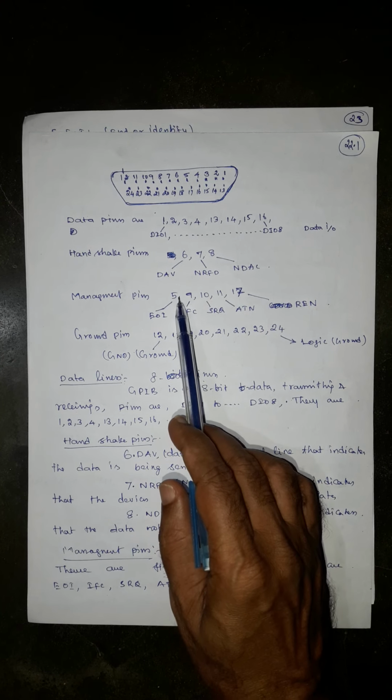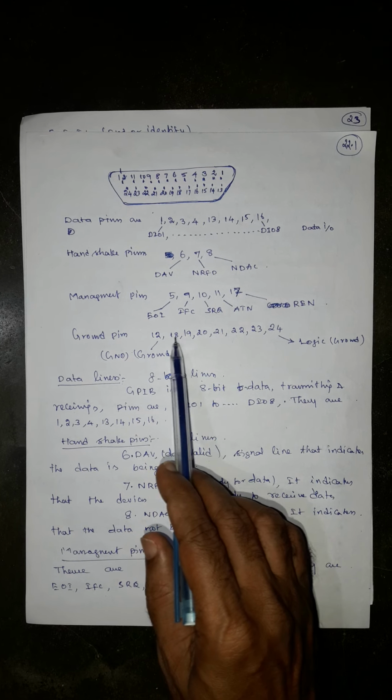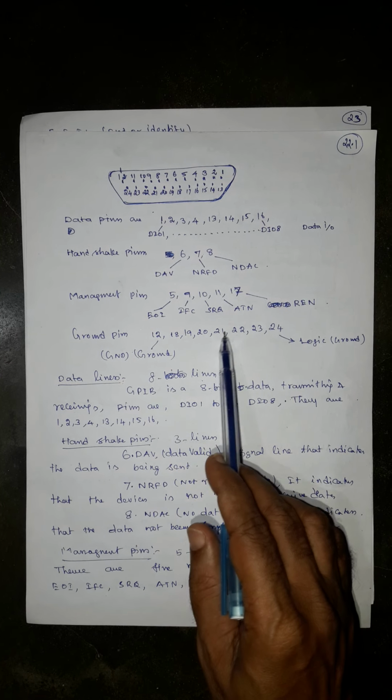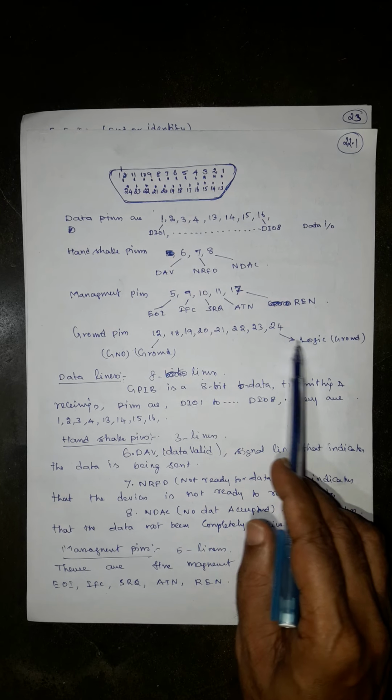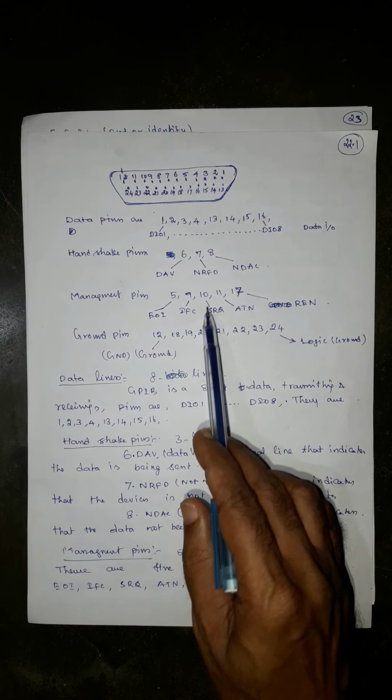Management pins are 5, 9, 10, 11, 17. Then the ground pin is 12, and these are all also ground. I mean, this is a logical ground. These are all the grounds for the corresponding pins.